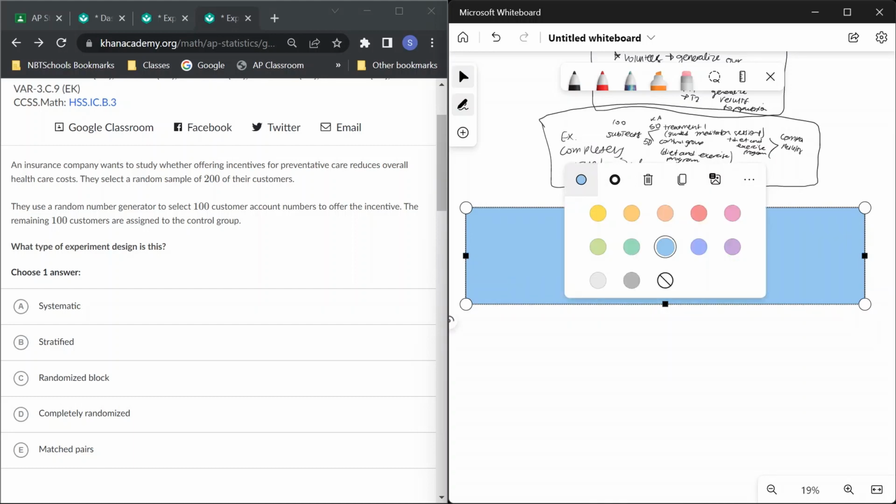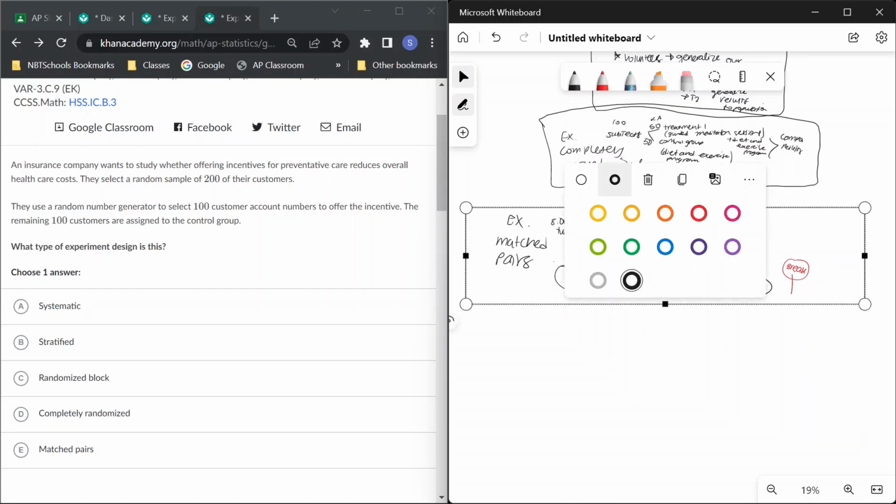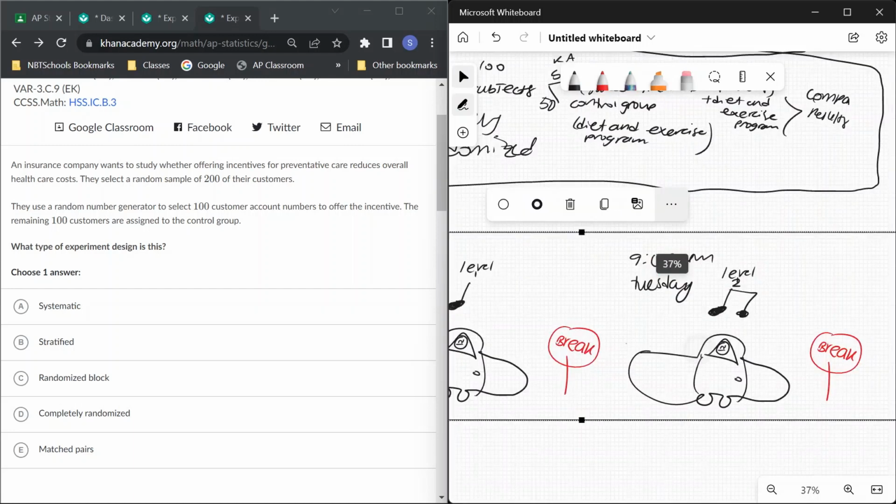Okay, and this one, can we make it clear? I know how to do this totally. How do I make it thicker?